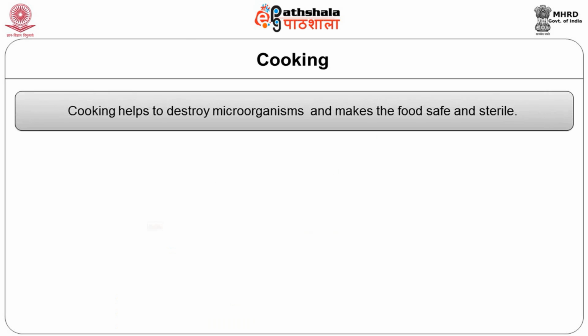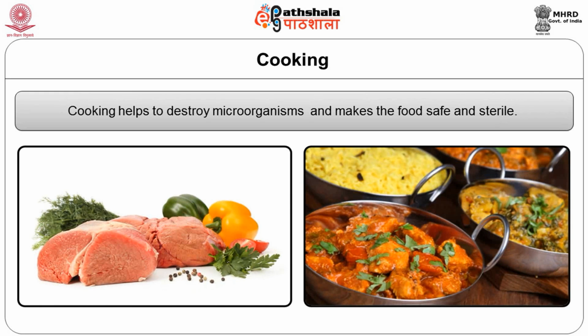Cooking helps to destroy microorganisms and makes the food safe and sterile. Raw foods get spoiled because of the harmful microorganisms present in them. These microorganisms get destroyed when you cook food.